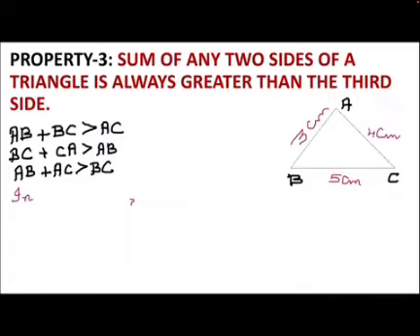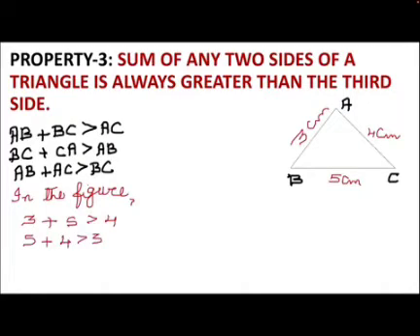Now, let's see how this can be verified. In triangle ABC in the figure, 3 plus 5 is greater than 4. You all agree? So 8 is greater than 4. Similarly, 5 plus 4 is greater than 3.